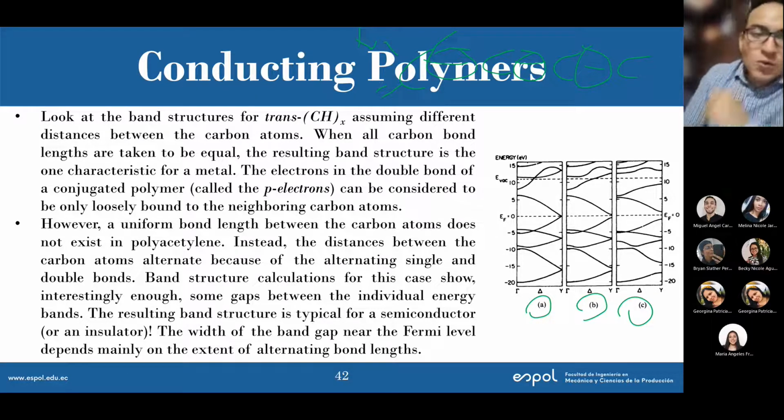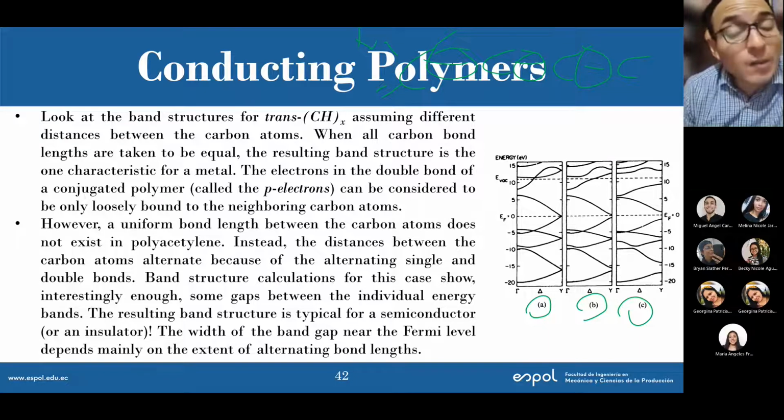And you can see something quite interesting. It's actually the same or similar band structure that you will get for a semiconductor or an insulator.